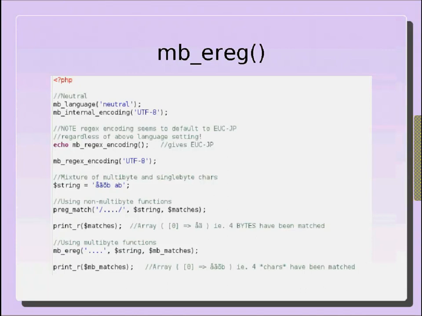Okay. Well, let's use an mb function. mb_ereg. If you're a diehard PHP follower, you'll know that ereg regular expressions have been deprecated in PHP from 5.3. In the mbstring extension, they're very much alive and kicking still, which is possibly something to watch out for.